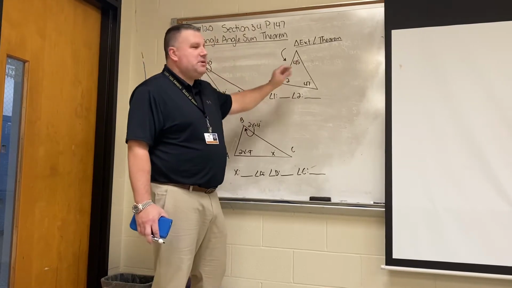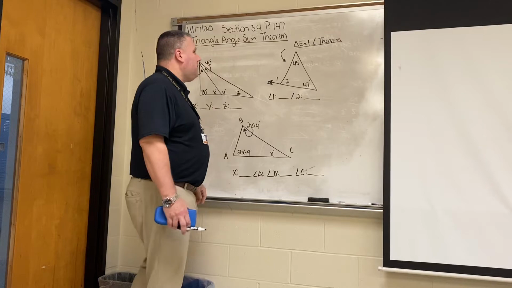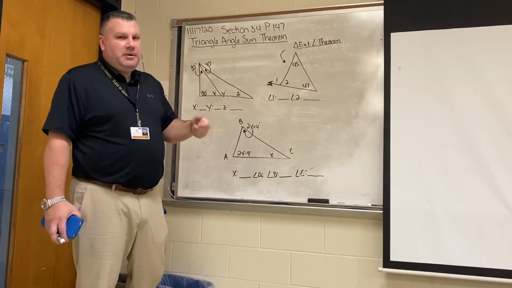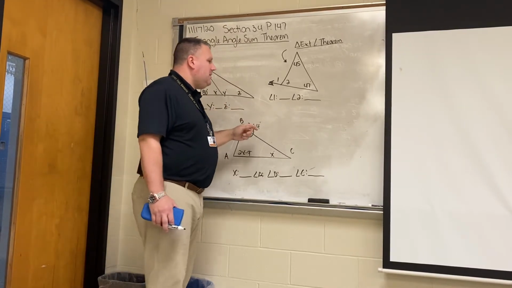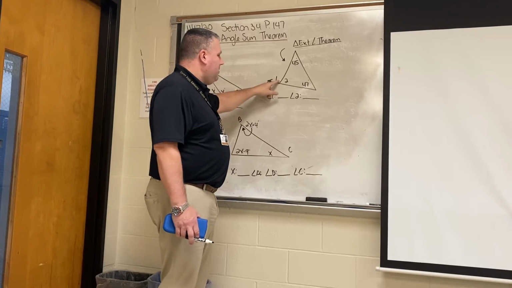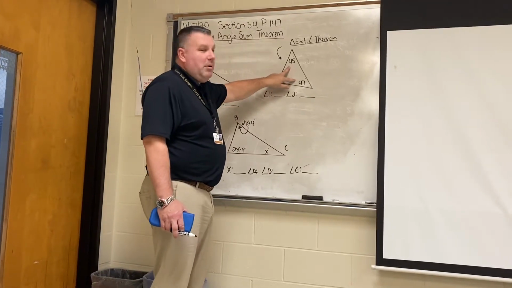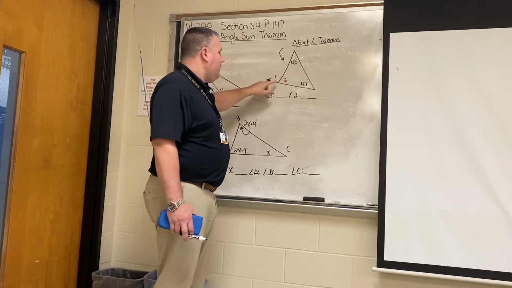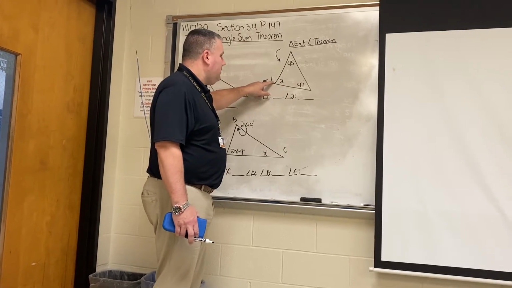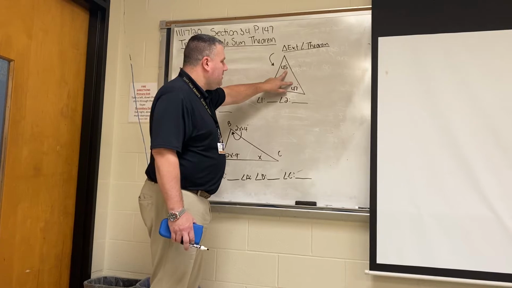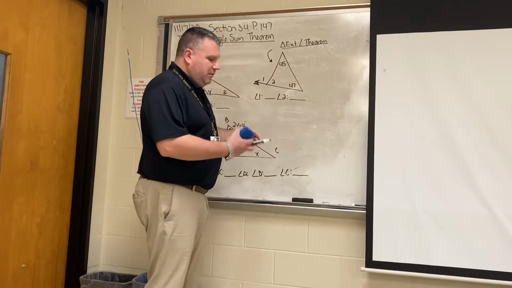Okay, now let's start off with this one over here, the triangle exterior angle theorem. So what this basically states is that this exterior angle here is equal to the sum of the two remote interior angles. So whatever this angle measurement is here should be equal to these two here. So let's go through and figure this out.